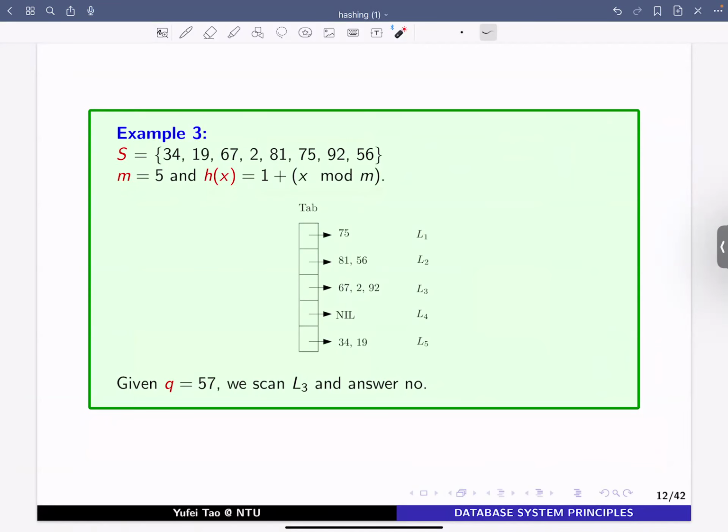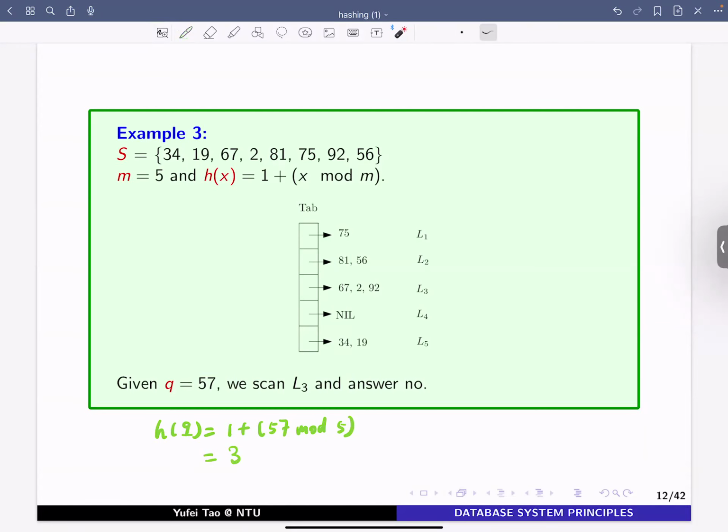Now let's look at dictionary search and let's say we're looking for 57 here. What's the reasoning? Well, you calculate the hash value of 57. So this is 1 plus 57 modulo 5. So this will give you 3, right?